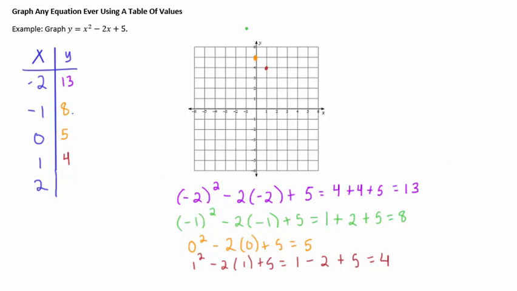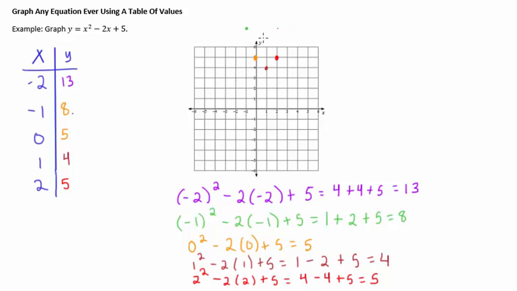And then plug in 2. So that's 4 minus 4 plus 5, which is 5. So that's the point 2, 5.